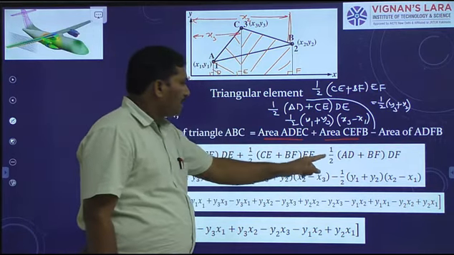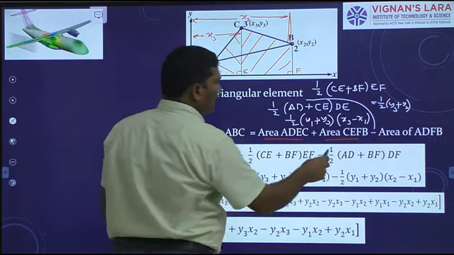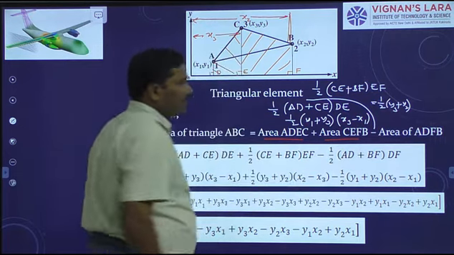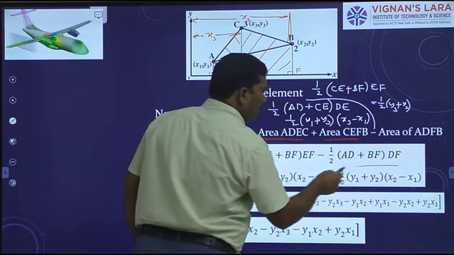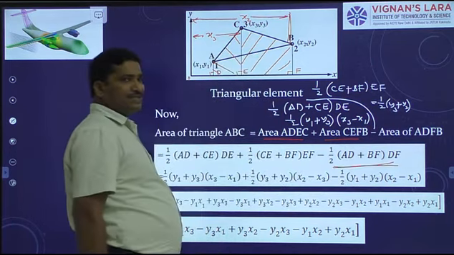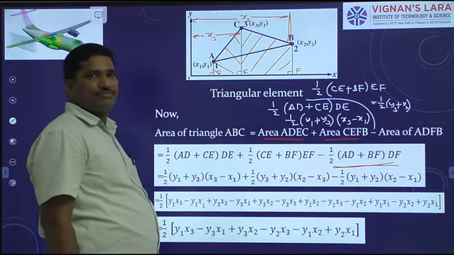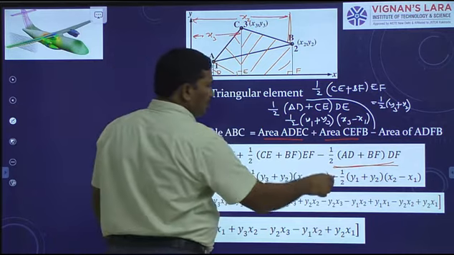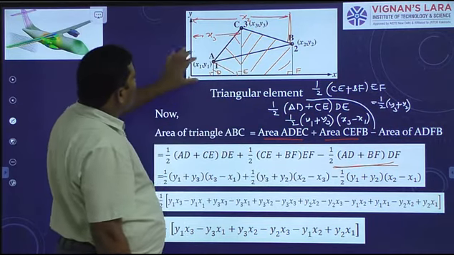Next, minus 1 by 2 into AD plus BF into DF. It represents the area of figure ADFB. Right? Now, 1 by 2 into, in place of AD. What is AD?